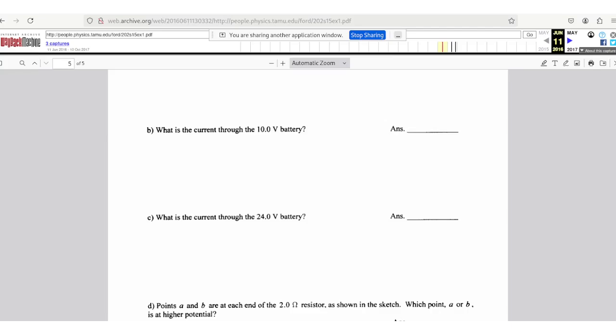Control X, Control V. Move it up to here.